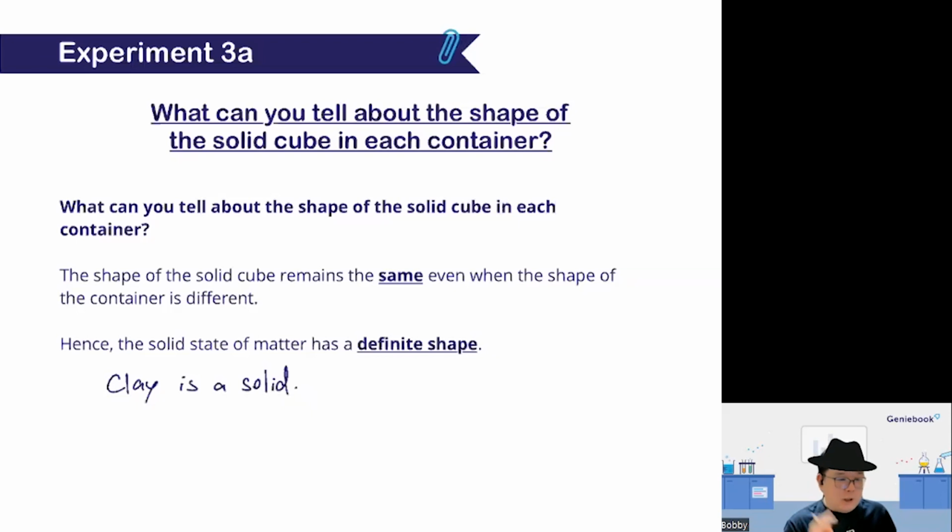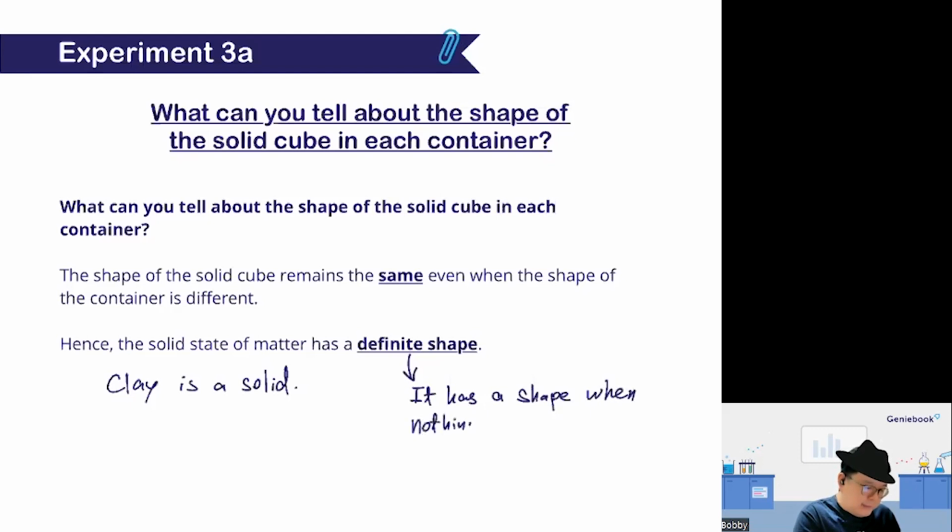Okay, it is important to take note that when we say something has a fixed shape or a definite shape, it means it has a shape when nothing is pressing or pushing or pulling it.